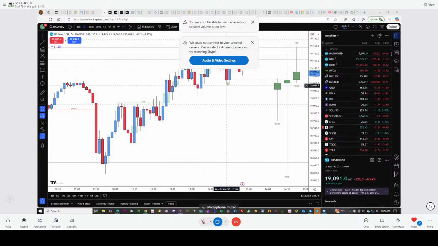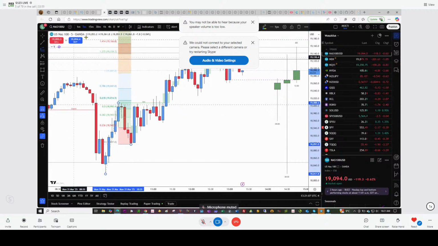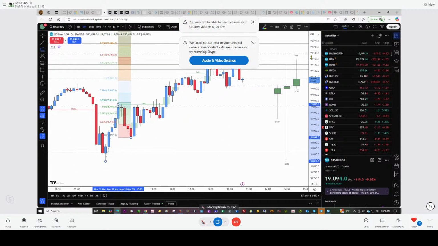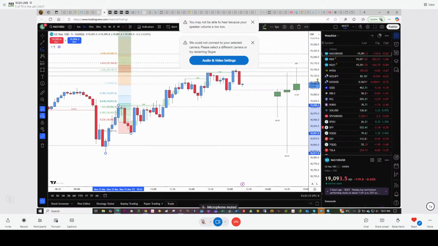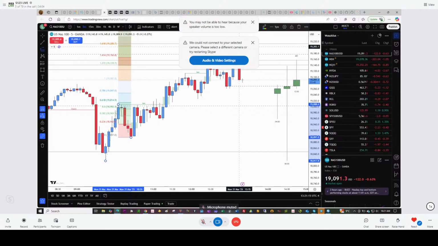So I'm still looking to go long because of our 1, 2, 3 bottom here. If I mark off an expansion move with the Fibonacci, looking at where 1.618 would take us, it's taken us up to that gap that I marked off.